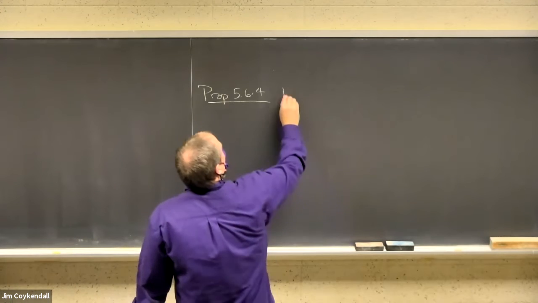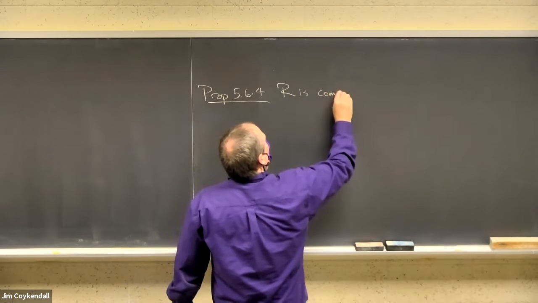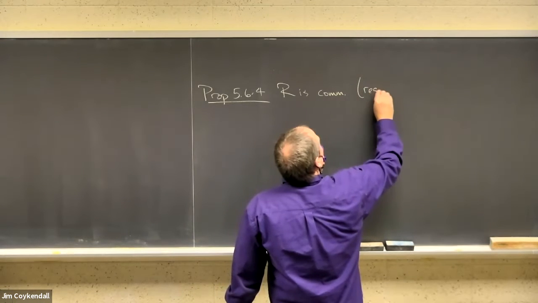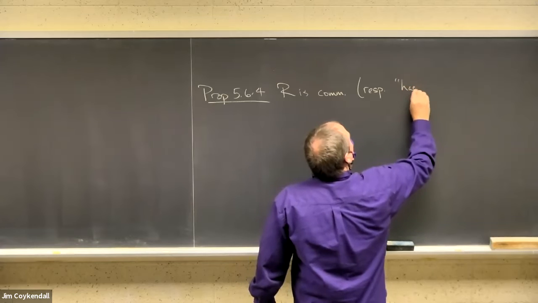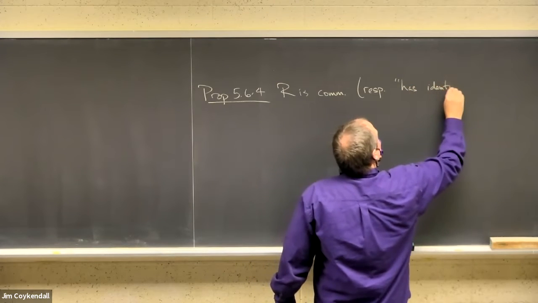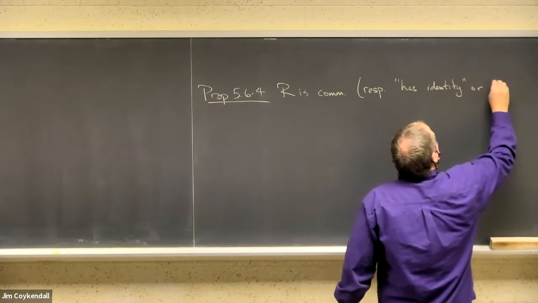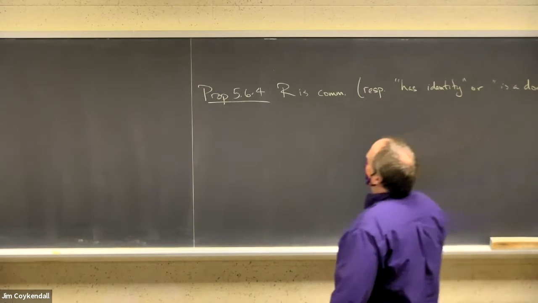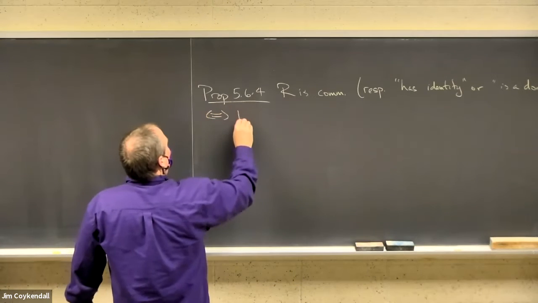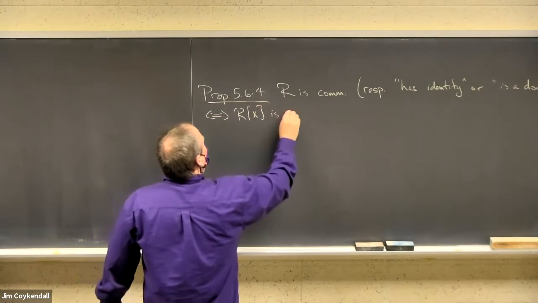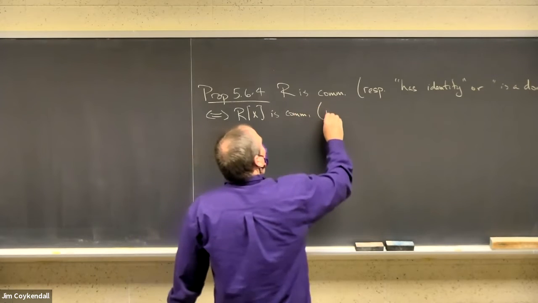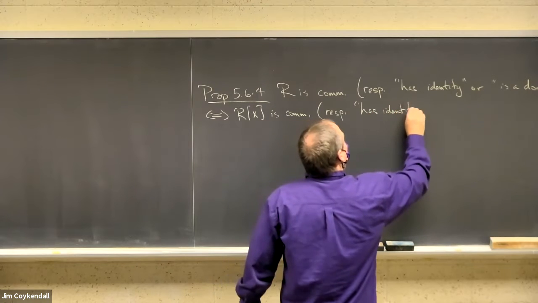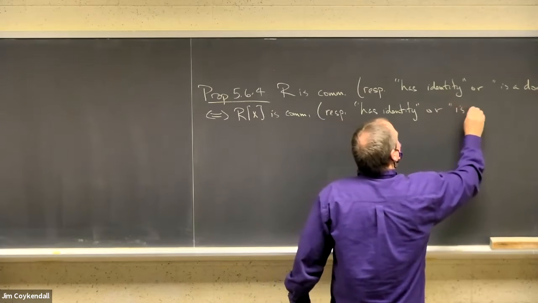R is commutative, respectively has identity, or is a domain, if and only if R[x] has identity or is a domain.